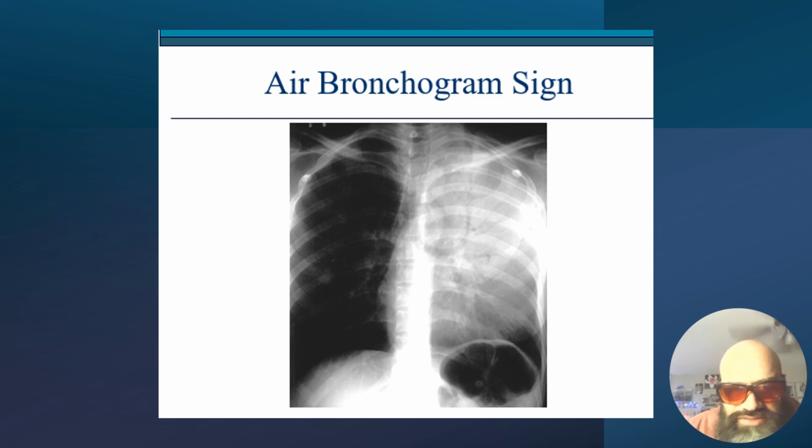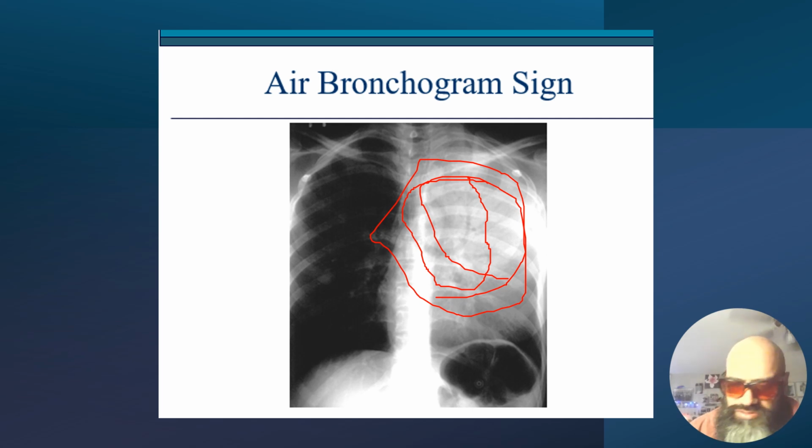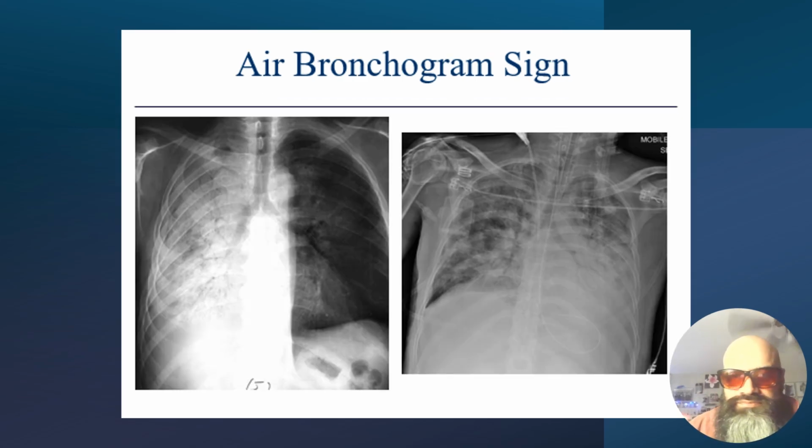So this is another clear example here of the air bronchogram sign. You can see these dark regions here that basically encompass the bronchi of the lungs. So we've got these trails of air density surrounded by white fluid density. And so that is what an air bronchogram sign is. Here's another example of it as well.